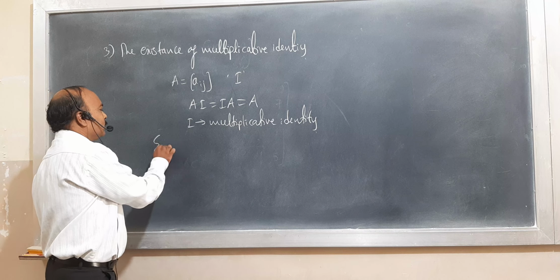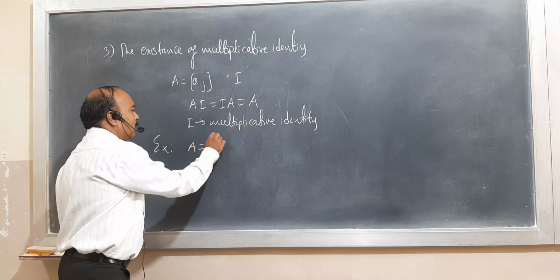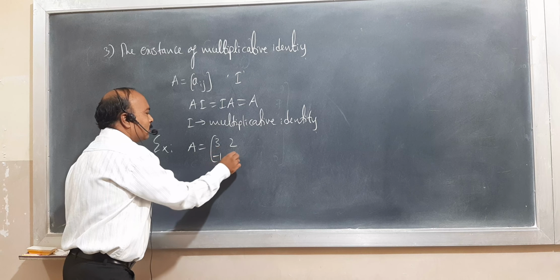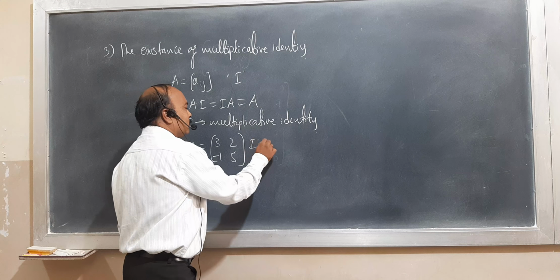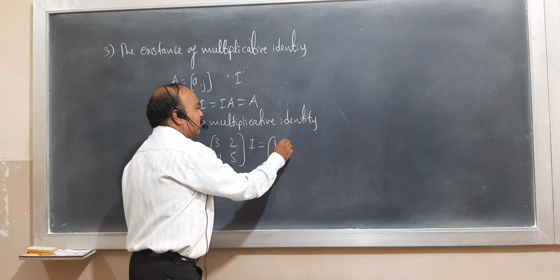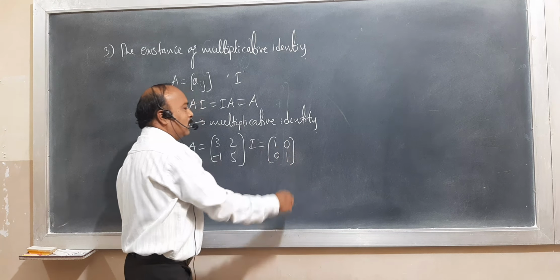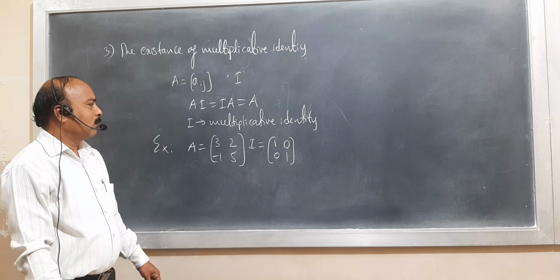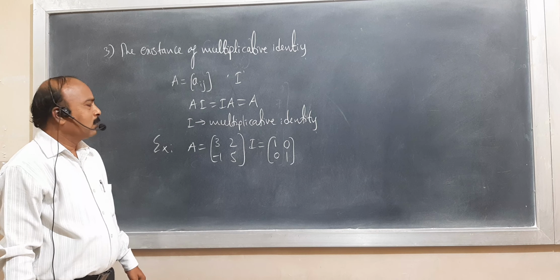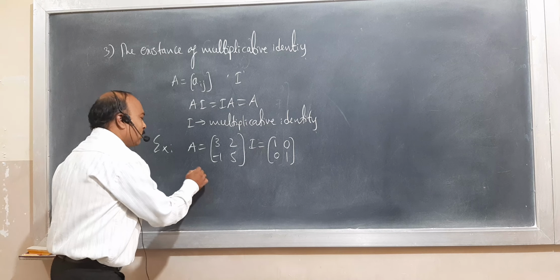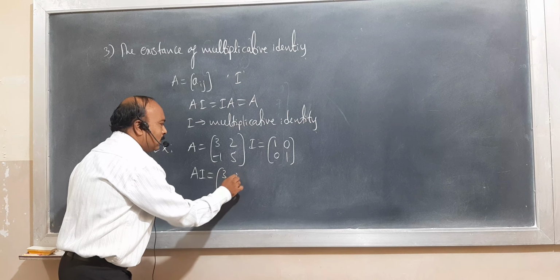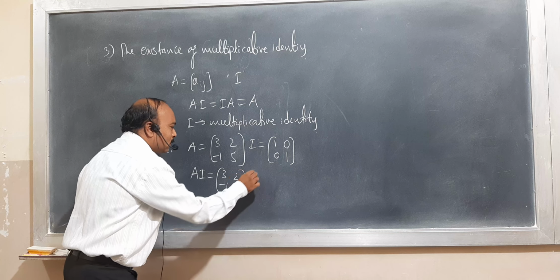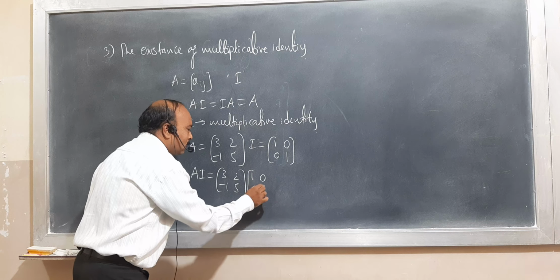For example, take A equal to [3, 2; minus 1, 5] and I equal to [1 0; 0 1], because the identity element is always 1 0 0 1 for second order. Now you check the A into I value. A into I equal to [3 2; minus 1 5] into [1 0; 0 1].